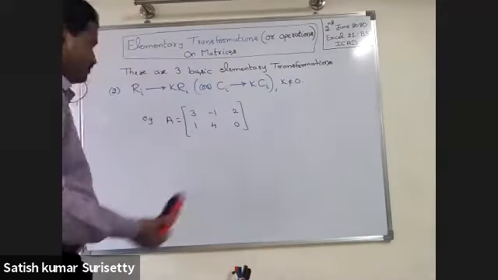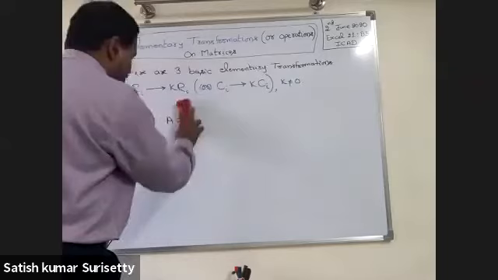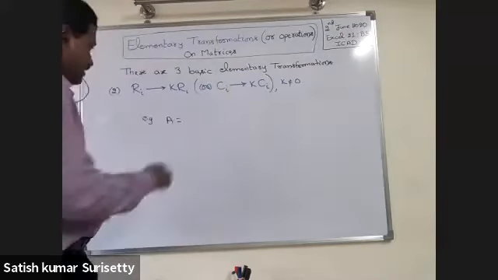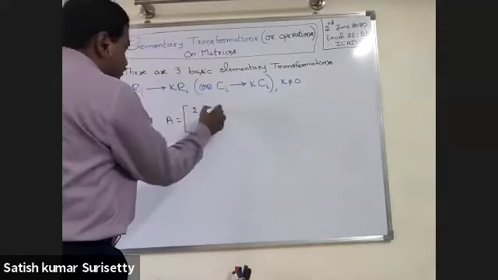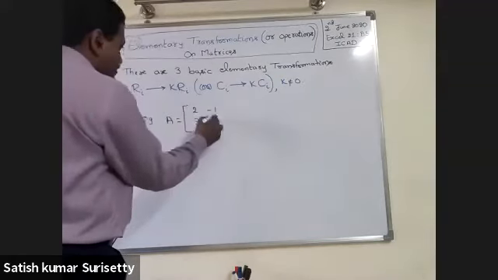Example, write the matrix again. A equal to 2 minus 1 3 4.